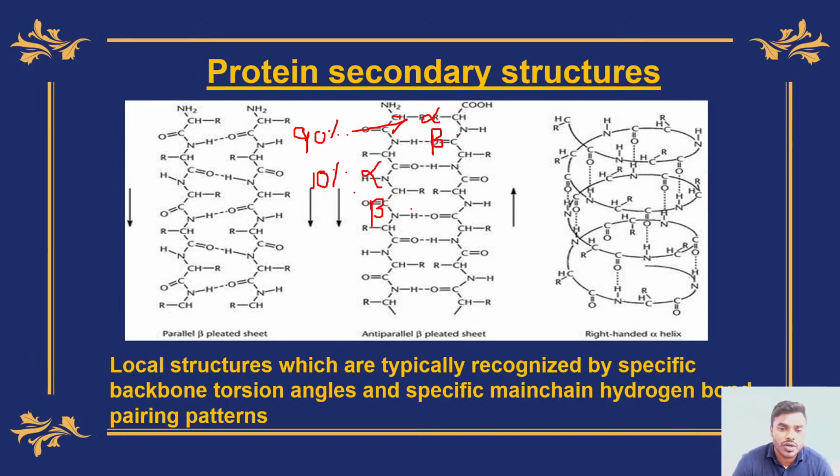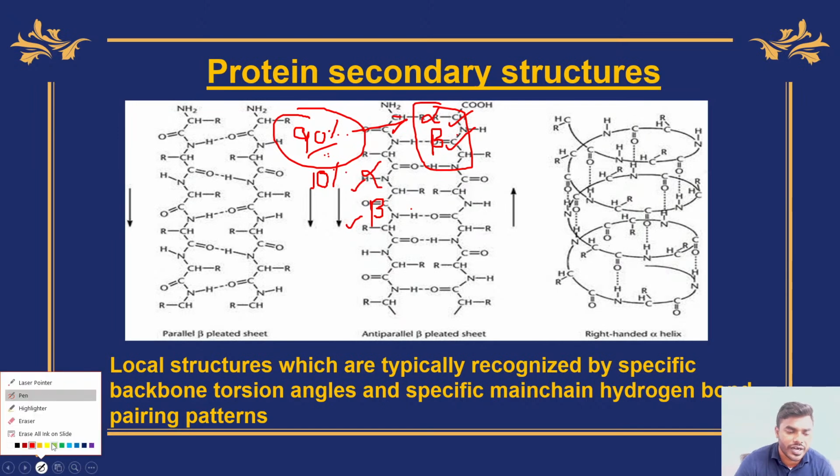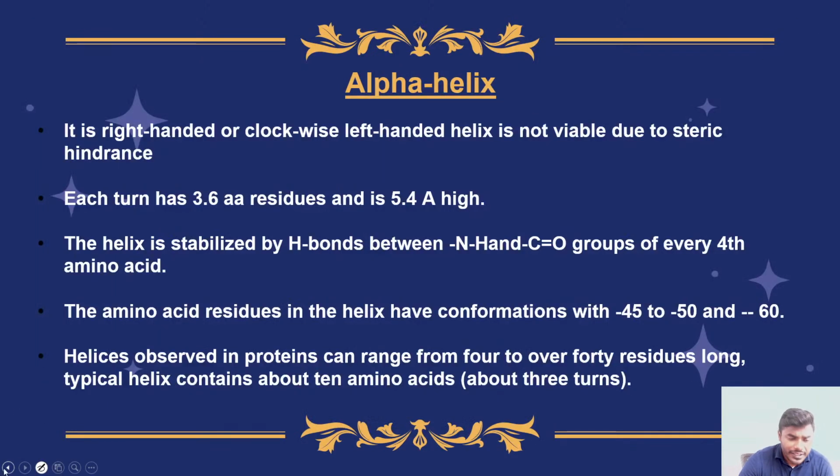Most of the time they won't contain both types of structures. If you look at the majority of proteins, there is a presence of alpha helices and also of beta pleated structures. Don't get confused with that point.